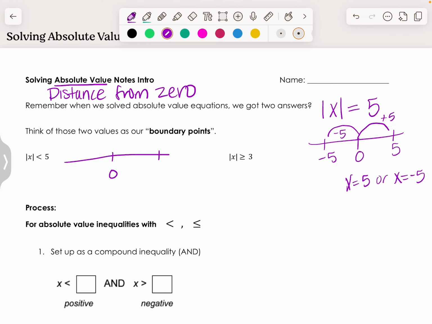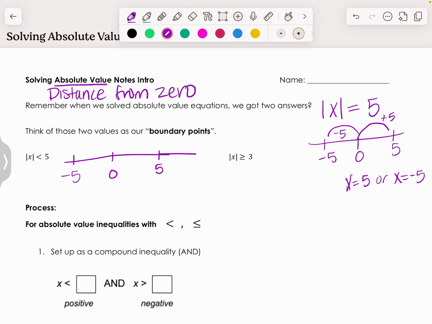So let's think about 5 and negative 5 again. We want the absolute value of x, which means our distance from 0, to be less than 5.